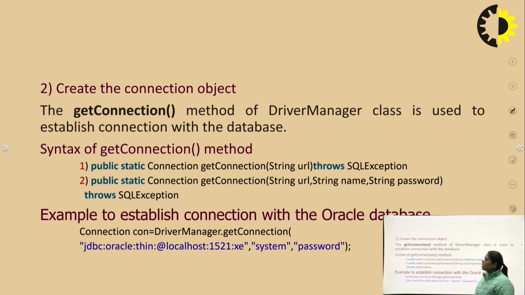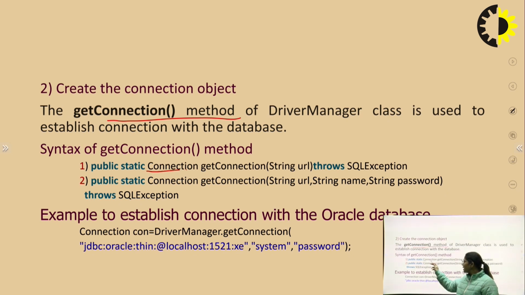Once we have registered the Oracle driver class, the second step is to create the connection object. For creating the connection, we need the getConnection method of the DriverManager class, which is used to establish the connection with the database. For creating or opening that connection, we use two main syntaxes.